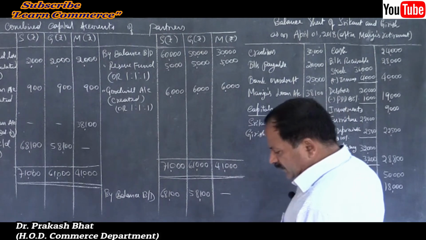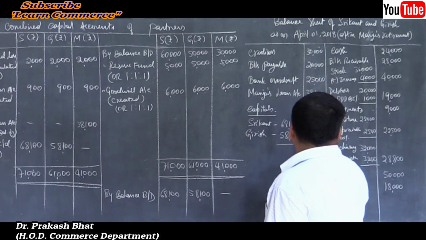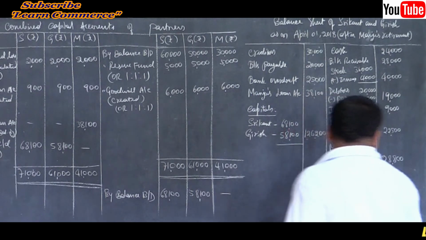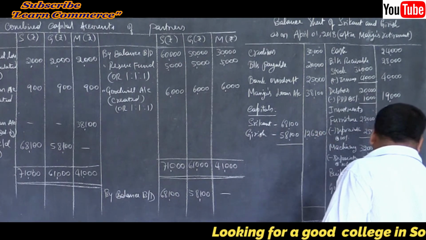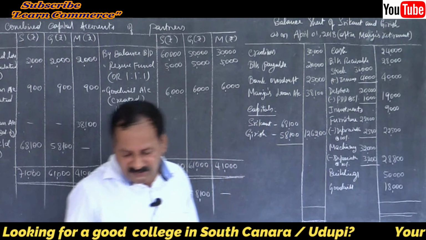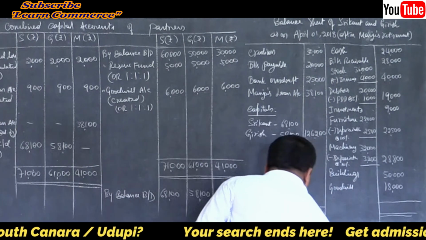Add it together and write it in outer column 126,200, right? 126,200. Now check, your balance sheet must agree. Balance sheet must agree. What's the total? 239,300. Yes, it agrees with your question bank answer, isn't it? 239,300.